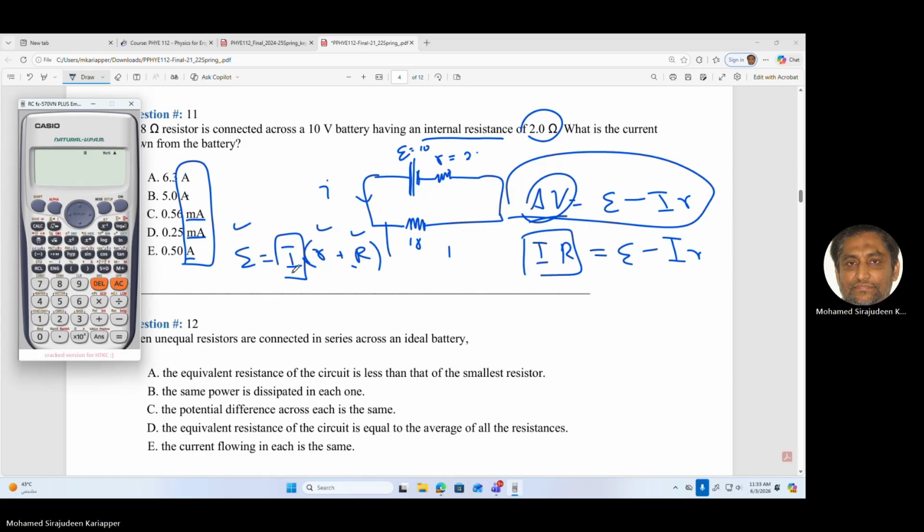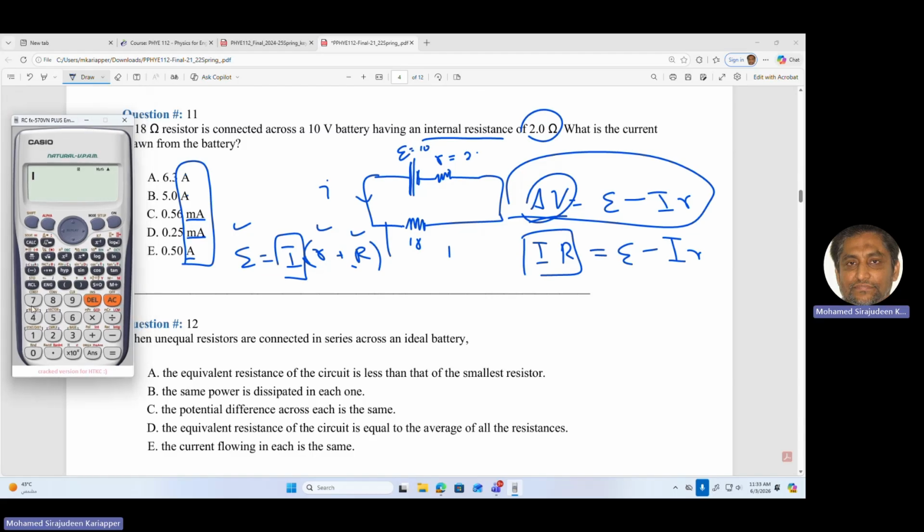So E is 10. I will use the solve function with alpha. Equal, I is the unknown, right? I will put alpha x multiply, then small r is 2 plus big R is 18.